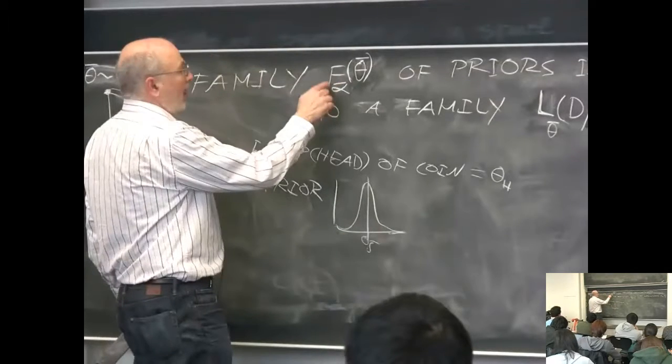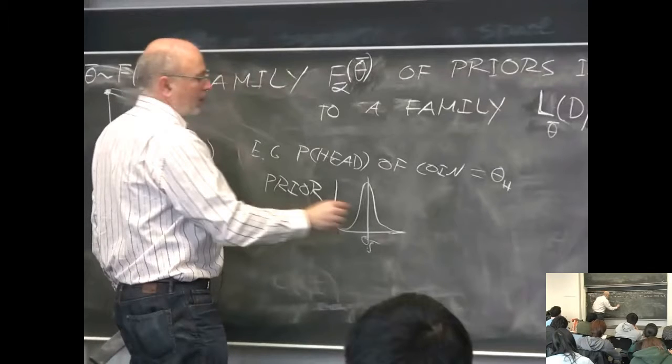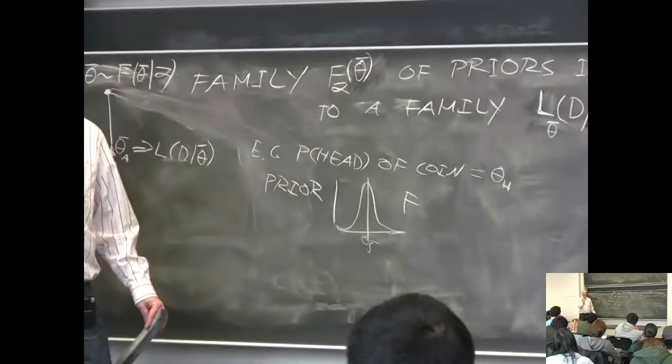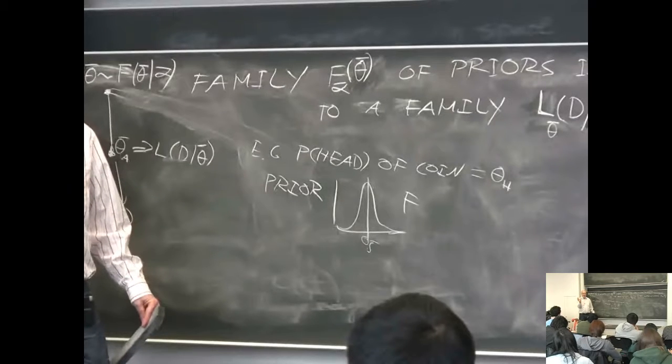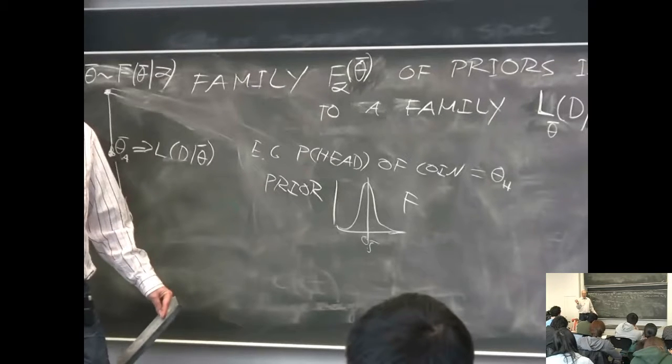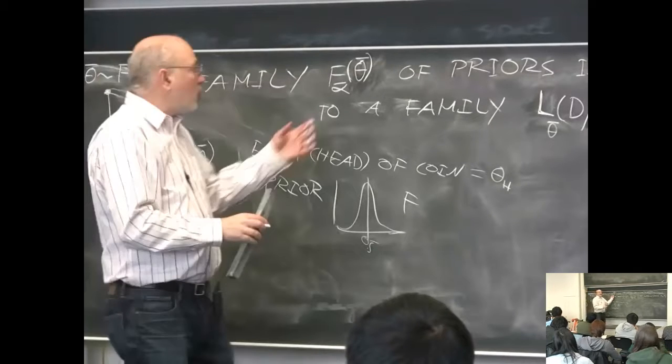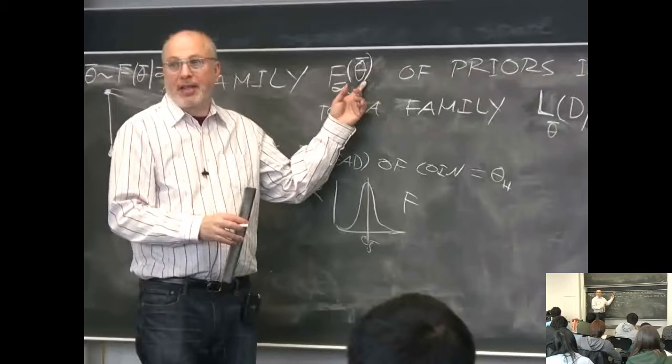So the family is the family of all distributions over all densities in the range 0 to 1, of which there are infinitely many. I can choose a particular family of densities, let's say Gaussians.